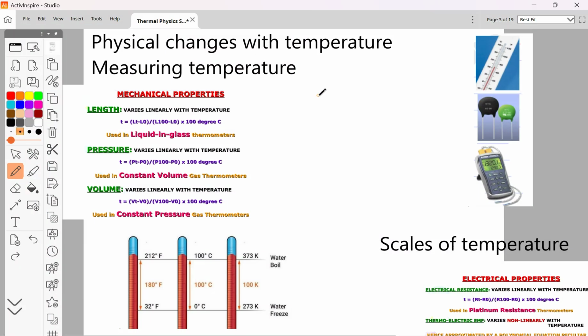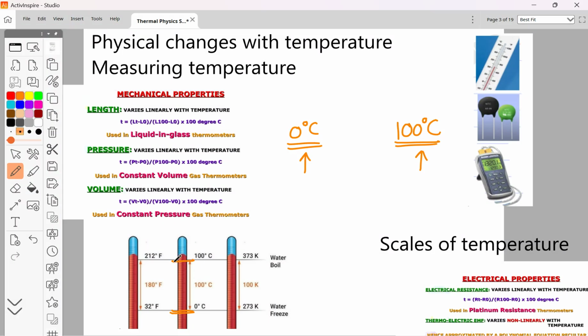But for us, when you're looking at a normal thermometer, a liquid in glass thermometer that we normally use, we would have 0 degrees Celsius, which would be our one limit, and then we will have 100 degrees Celsius. And because these points are easily measurable at sea level as the freezing point of water and the boiling point of water, what you can then do is if you have your thermometer at 0 degrees, you will have your bottom limit there.